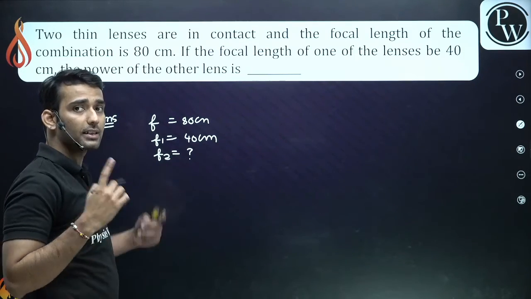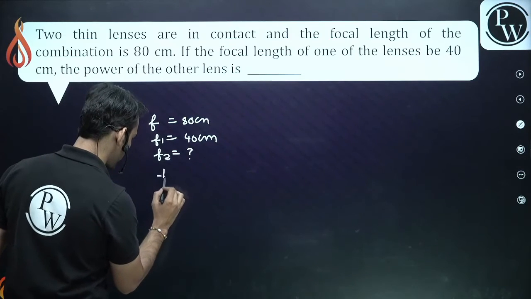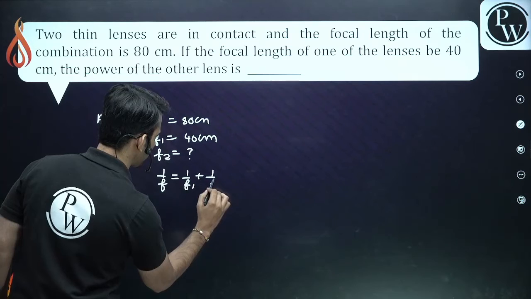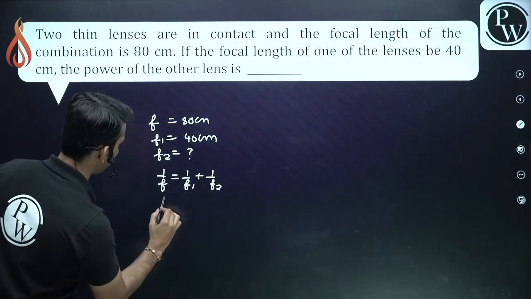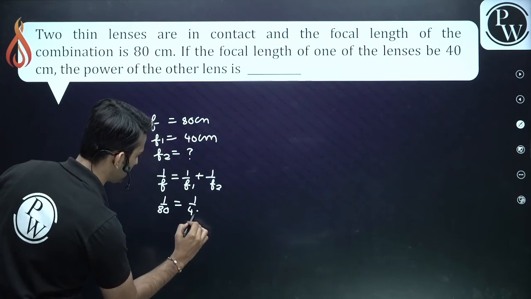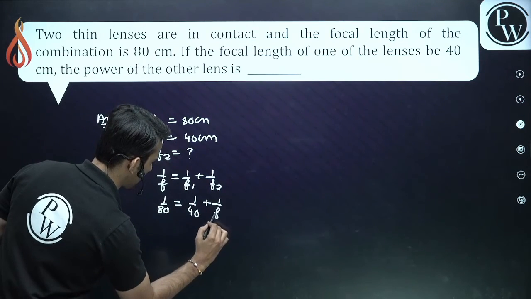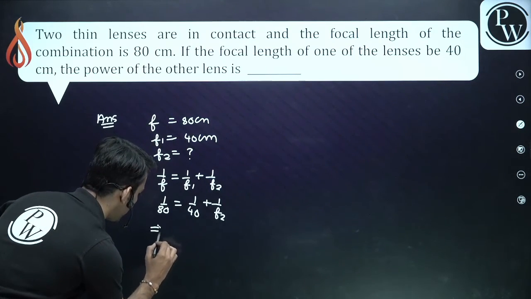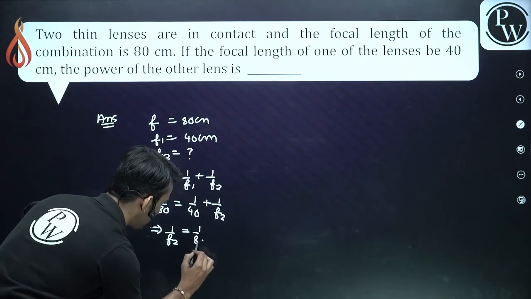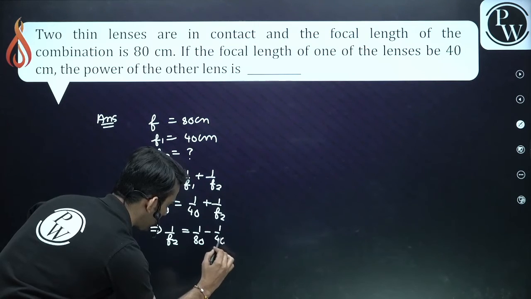Okay. So guys, just apply the simple formula. I have told you that 1 by F is 1 by F1 plus 1 by F2. So 1 by the effective focal length, 80 given, is 1 by 40 plus 1 upon F2. So from here, what is 1 by F2? It is 1 by 80 minus 1 by 40.